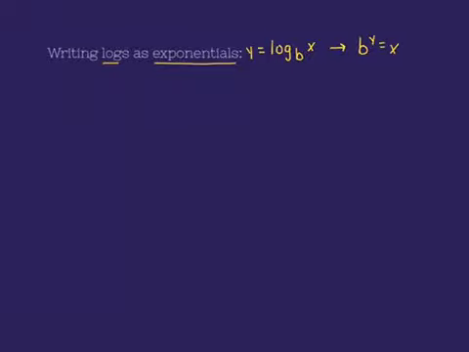For our first example, let's look at log base 3 of 81 equals 4. We're going to rewrite this. This is b, this is x, and this is y. So this will become 3 to the 4th is equal to 81.